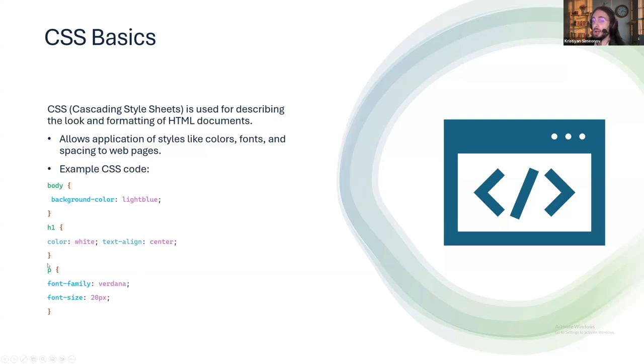And then your paragraphs are gonna have this Verdana font, which is very popular for web development, and they're gonna have a font size of 20 pixels. Meaning, till now, we discussed HTML, which gives the solid structure, and this gives the stylistics of a web page.